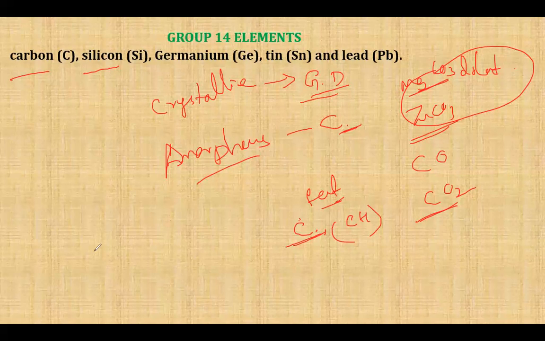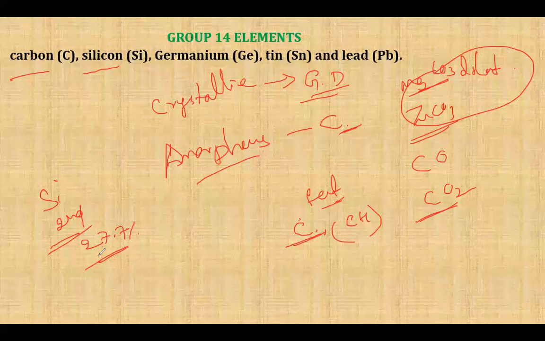Its availability is 27.7% by mass in the earth's crust. It always exists in the combined state, as silicon dioxide, SiO2.